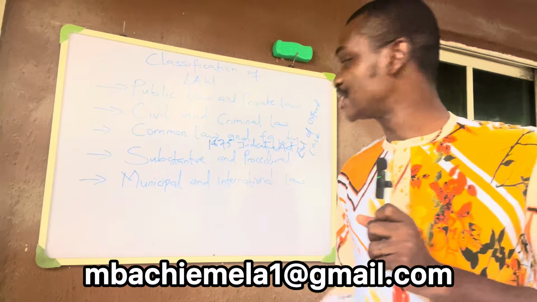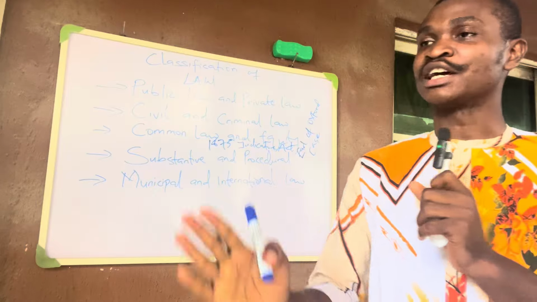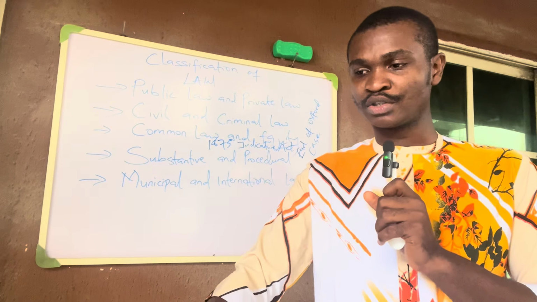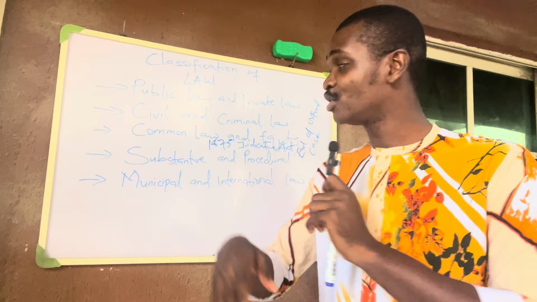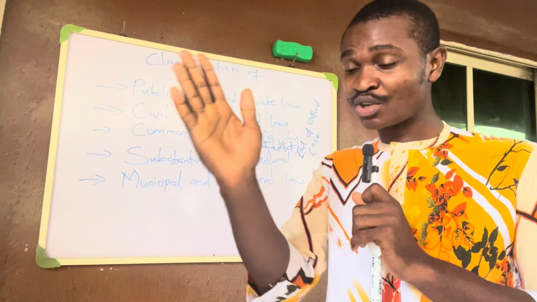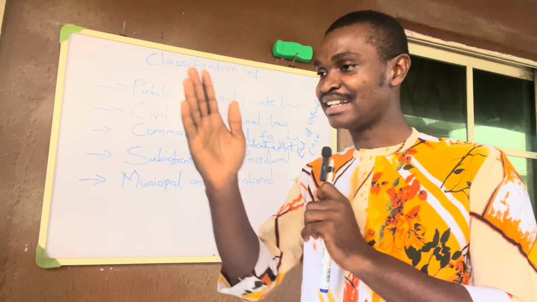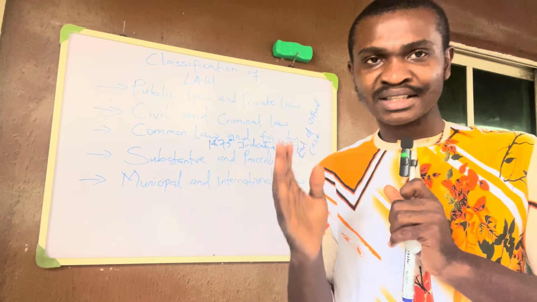Now let us go to substantive and procedural law. When you talk about substantive law, you're talking about that law that you are studying now. All those your contract law, your criminal law, all of them, you are talking about the law that defines the rights and duties and obligations of citizens.